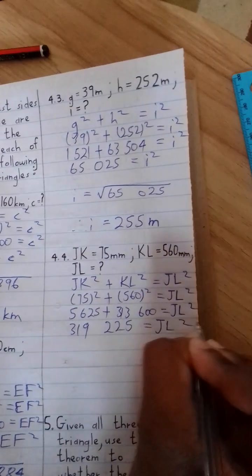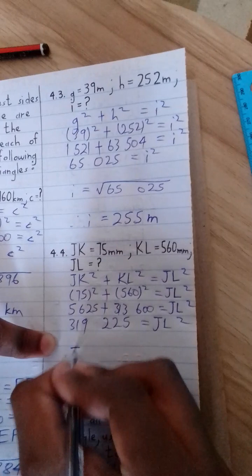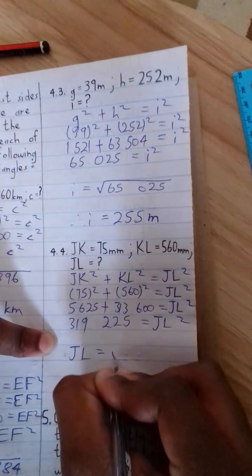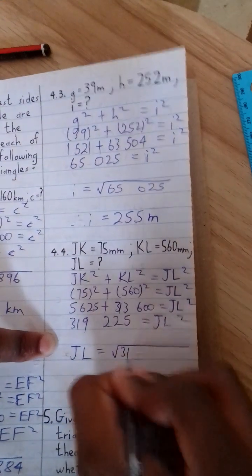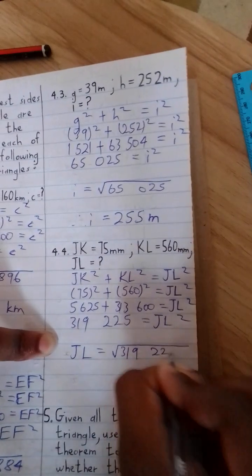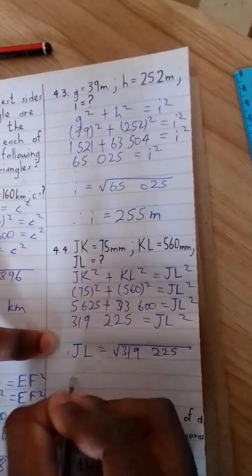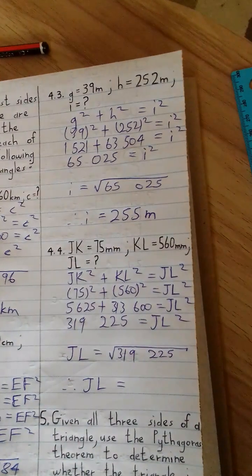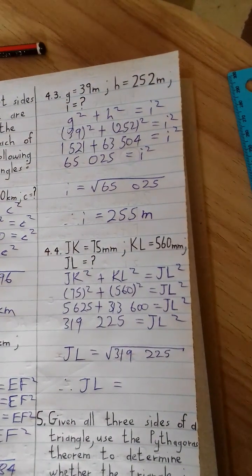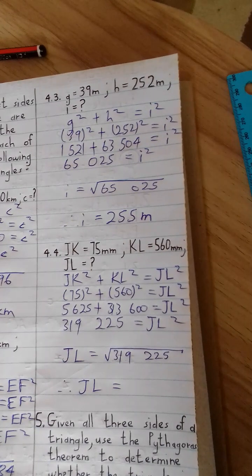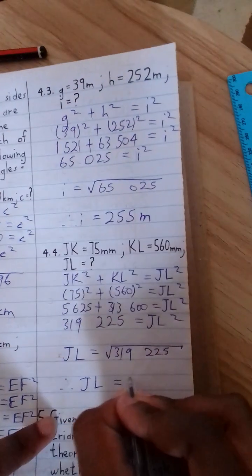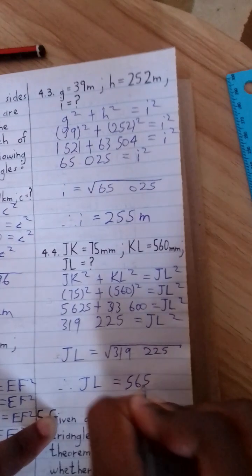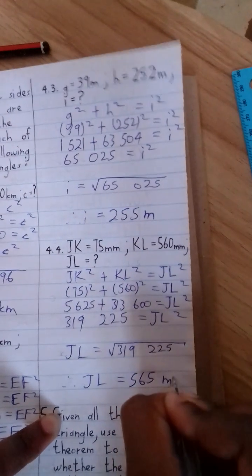JL squared. Square root of 319,225 is 565 units, millimeters.